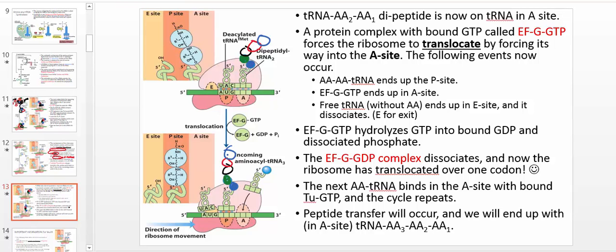Now in this picture, we have this growing polypeptide chain in the A site. Something very important is going to happen here. There's a wedge. Well, what does a wedge do? Let's say I have an object sitting on the ground, and let's say I use a wedge like this.